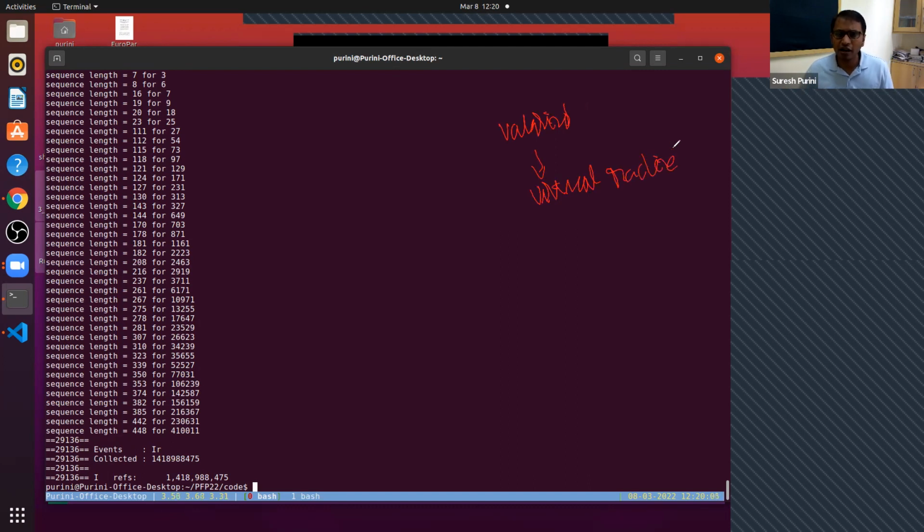Because of that, it gets complete control over all the statistics it can collect. But when it acts as a virtual machine and interprets the instructions, an instruction that would take around one clock cycle in hardware will take perhaps a few tens or even hundreds of clock cycles at the Valgrind level.